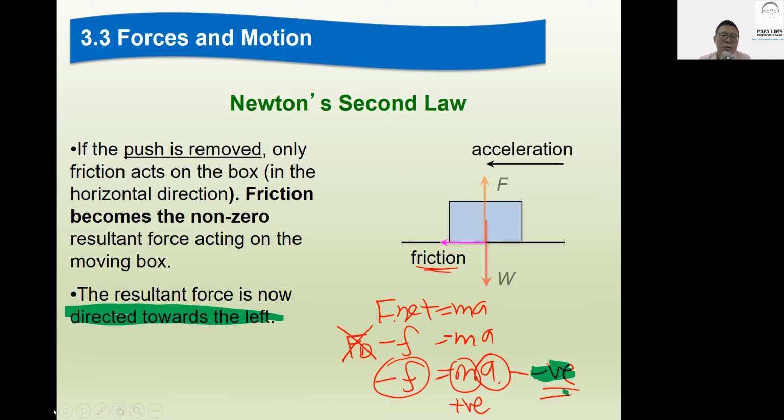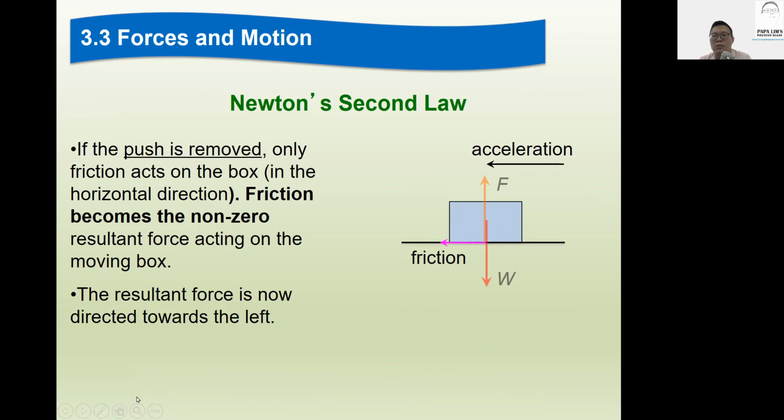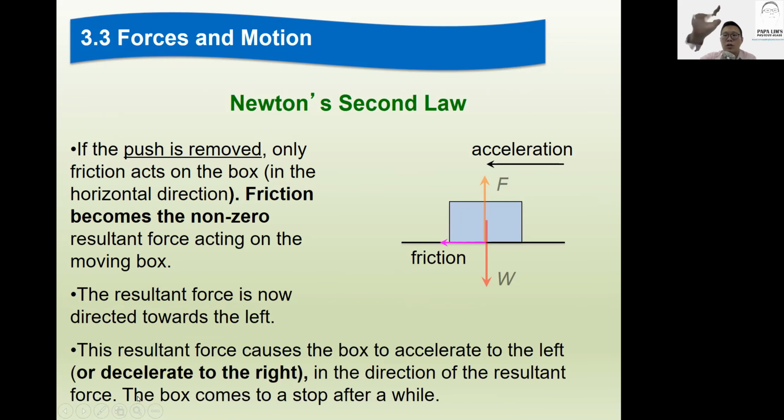And because the acceleration is negative, the object will start to slow down first, because originally it was moving to the right very fast. While it's moving to the right, it will slow down, and then it will actually accelerate to the left, if the friction force is still there. If not, it will actually stop there for a while.